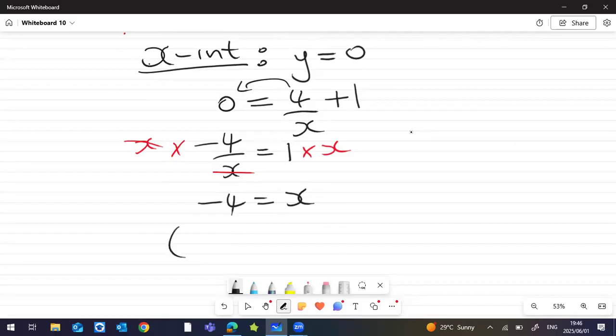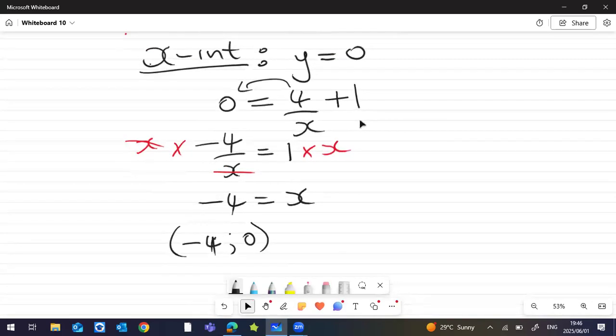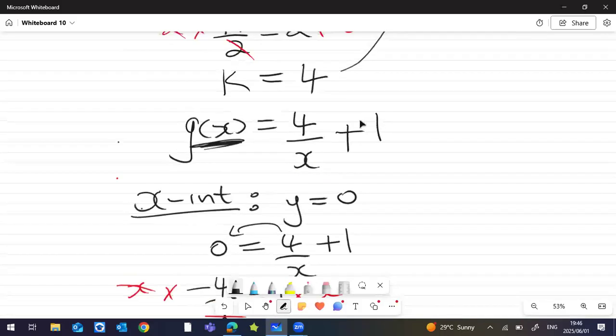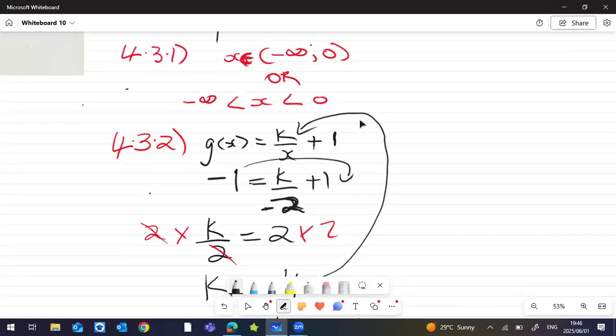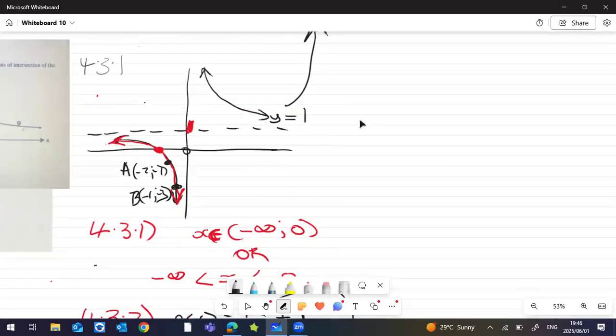If I were to write this in coordinate form, I have coordinate point -4, 0. So which is this point here, going back to the graph. That's our x-intercept of the hyperbola. When g of x is 0, your x becomes -4.